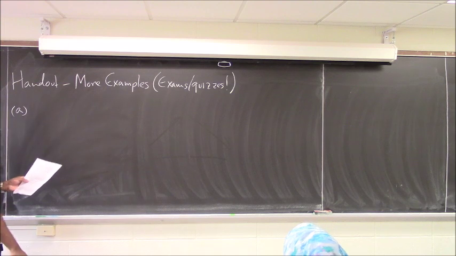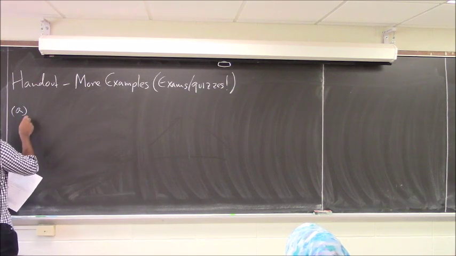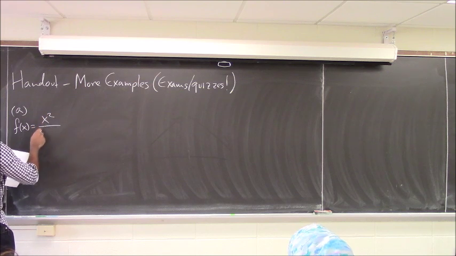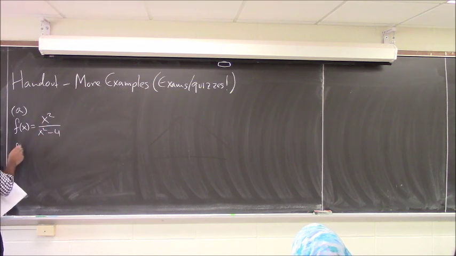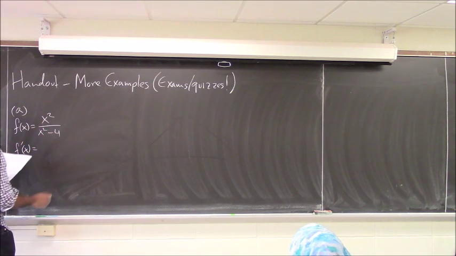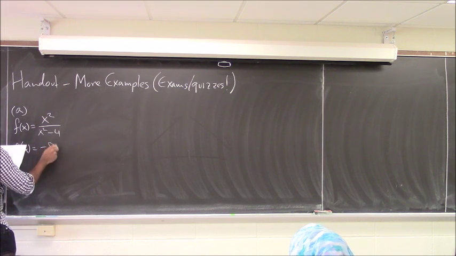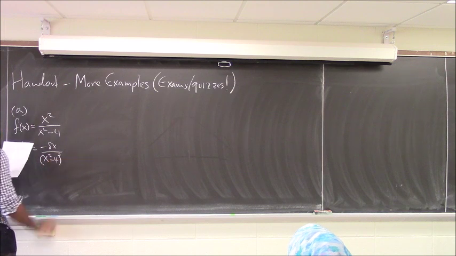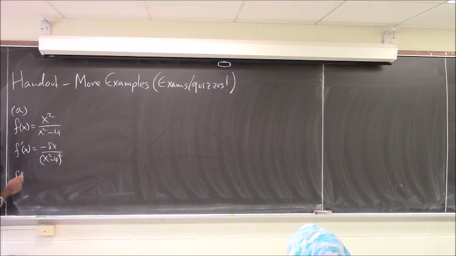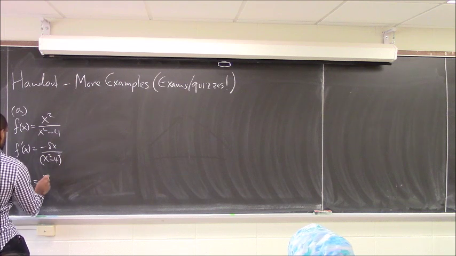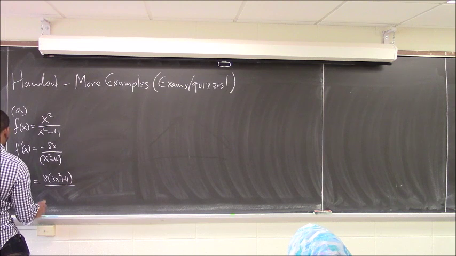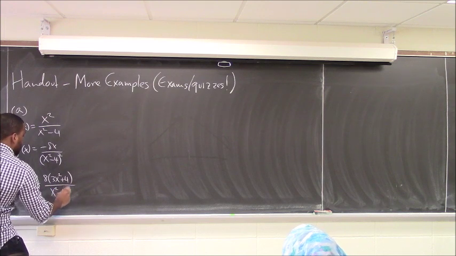So let's do part A, where I told you, okay, here's a function, x squared over x squared minus 4. Here is its derivative. It is minus 8x over x squared minus 4 all squared. Here is its second derivative. It is 8 times 3x squared plus 4 all over x squared minus 4.